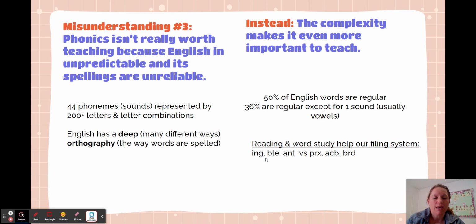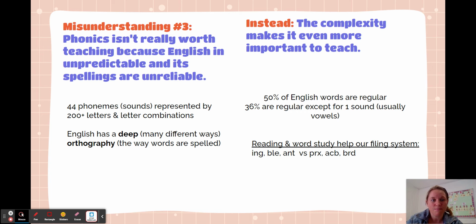Another interesting thing is that the more kids read and do word study, the more they build this filing system in our brain that helps us know that things like ing, ble, and ant go together, even if they don't make the normal sounds. Whereas other combinations, you're never going to see in a written word. So the more they read and talk and learn about letters and sounds, the more they start to file some of those things away.